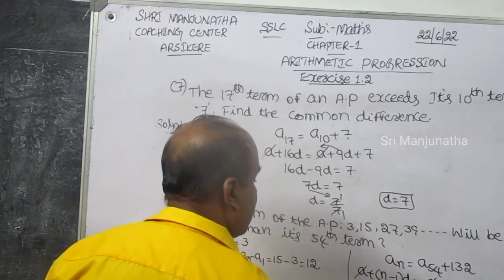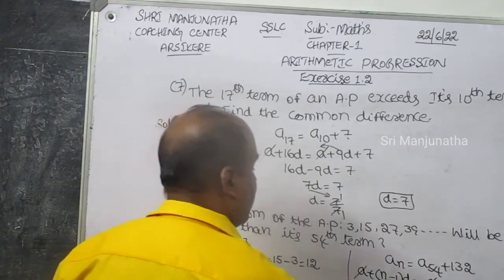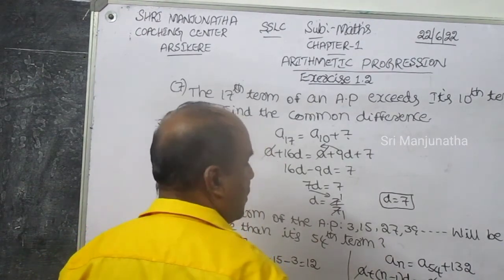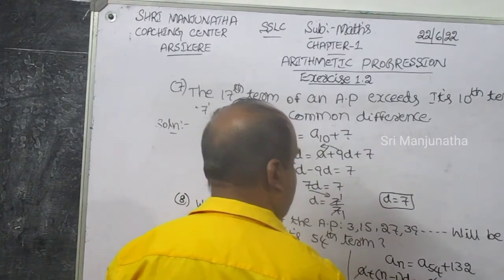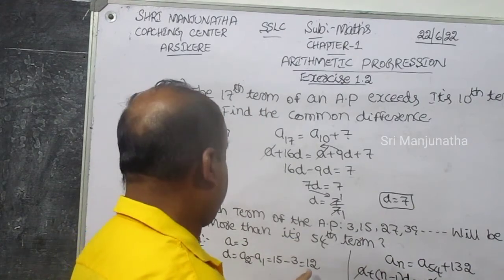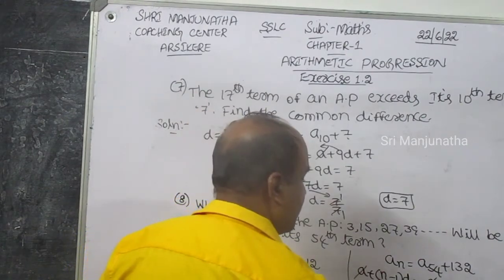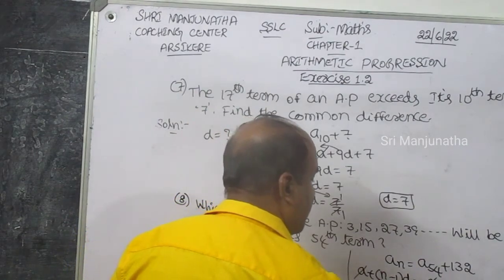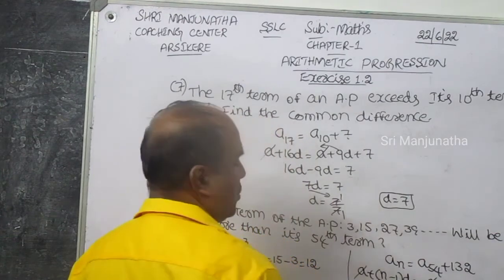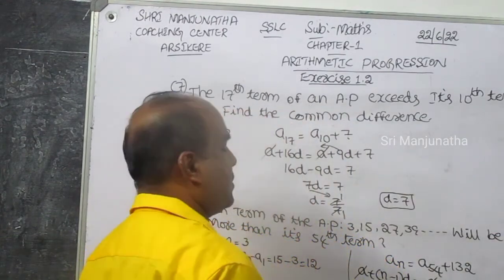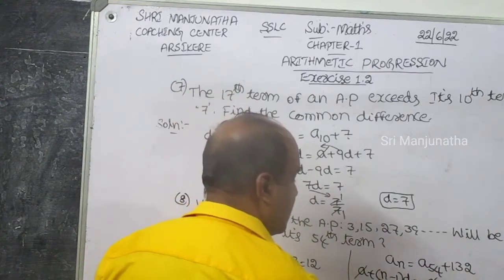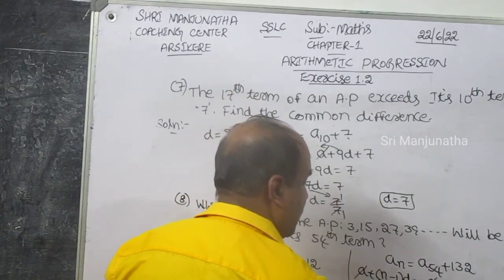So n minus 1, D value is how much? 12 equals 53 into D value, which is 12, plus 132. Multiply this. 12 3s are 36, 3 carry. 12 5s are 60, plus 3, 63, plus 132.